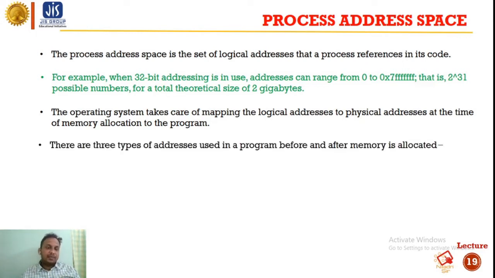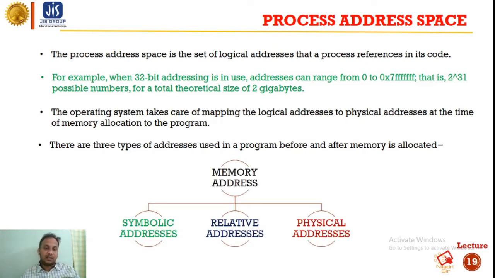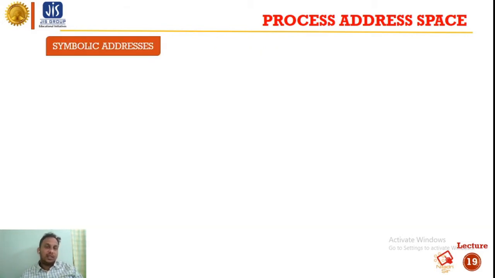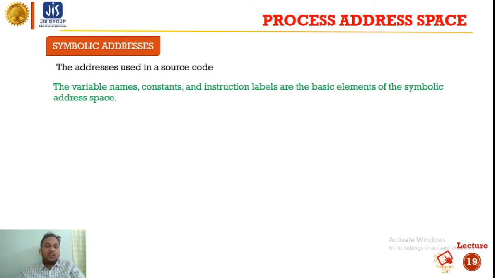There are three types of addresses used in a program before and after memory is allocated: symbolic addresses, relative addresses, and physical addresses. So what are symbolic addresses? The addresses used in a source code. The variable names, constants, and instruction labels are the basic elements of the symbolic address.